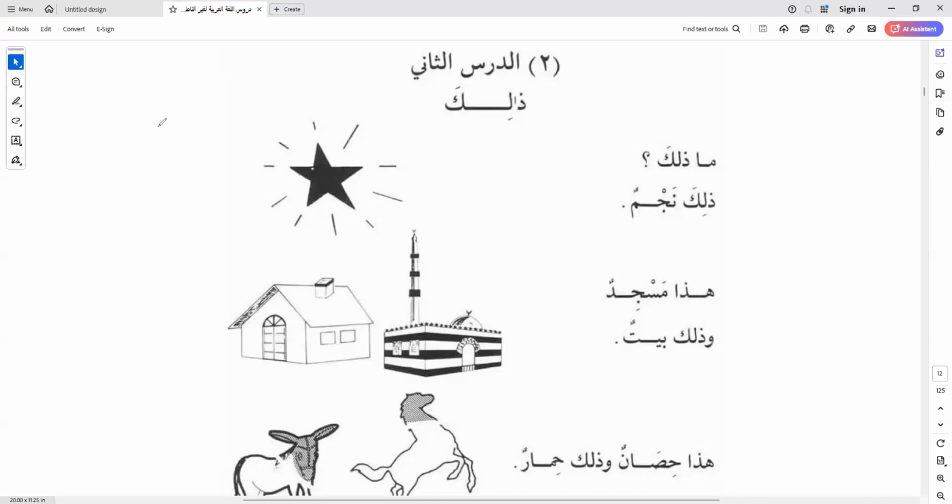And as we explained in the earlier lessons, there are some words in Arabic that are pronounced differently from the way they are written. Just as we do in the English language, where we pronounce certain things differently from the way they are written.